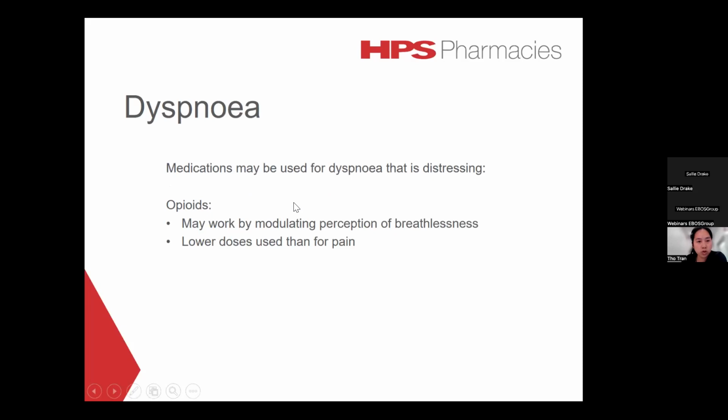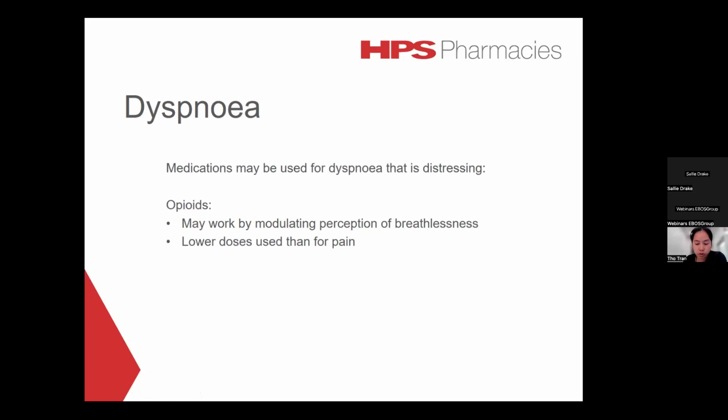The next slide will talk about another common symptom in end-of-life patients, called dyspnea. Medications that may be used for dyspnea include opioids as well. Opioids are used at a lower dose for this indication compared to the higher dose for pain. So usually the opioid dose to treat dyspnea is between 1 to 2.5 milligrams subcut hourly when required.